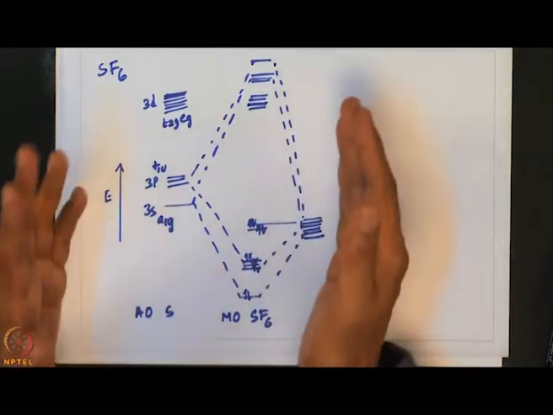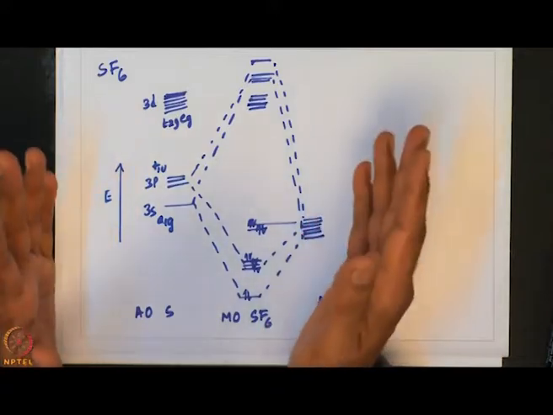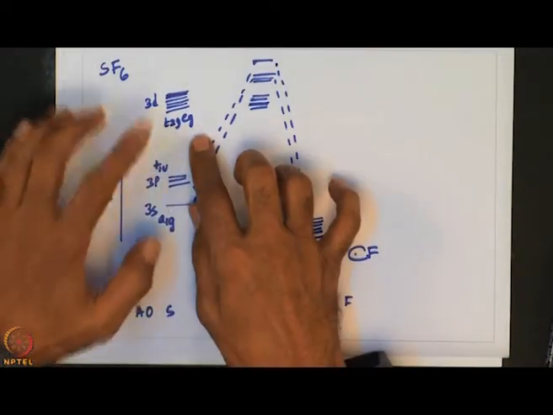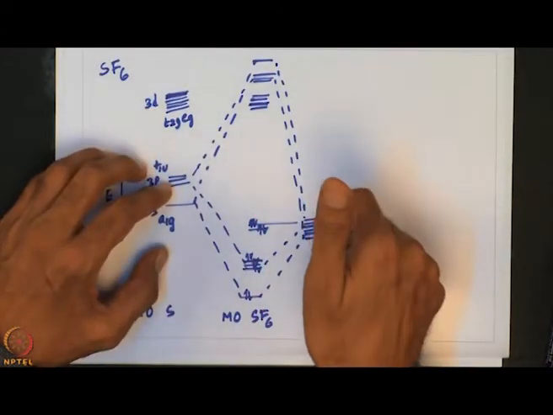This is how you can write the structure, whereas in the case of valence bond theory, we depicted SF6 having sp3d2 hybridization, and these sp3d2 orbitals having 1 electron each will interact with the 2p orbital of fluorine to form 6 covalent bonds. They are disposed towards the 6 corners of an octahedron. But in the MO diagram, the energy of 3d orbitals is too high to interact with F orbitals.